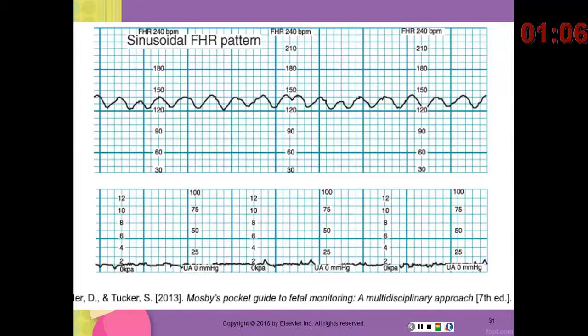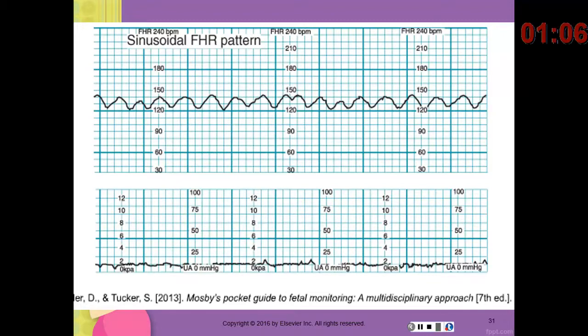This is called a sinusoidal pattern. It's very smooth, and it goes up and down. There's no real beat to beat variability. Normally we would want to see it squiggling. It's pretty smooth, right? And it just kind of goes up and down, and it's accelerations that we like. But we do need to see that beat to beat variability too, okay, besides the accelerations.